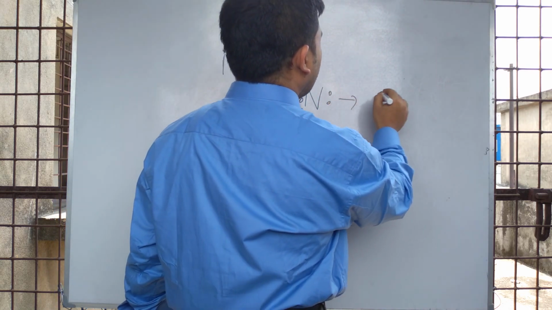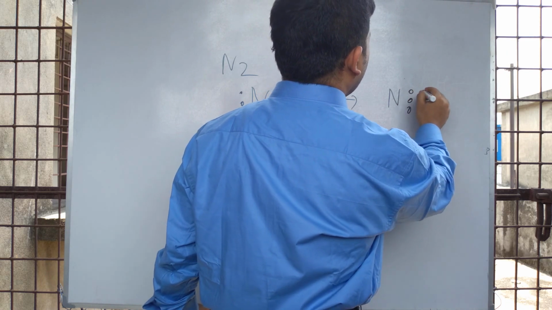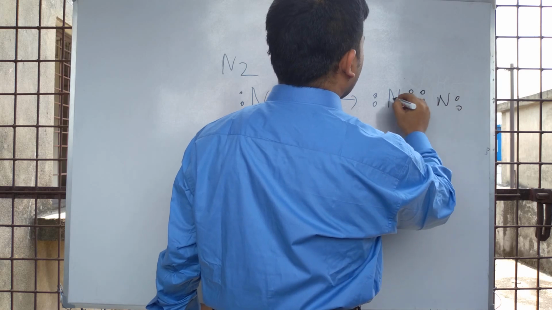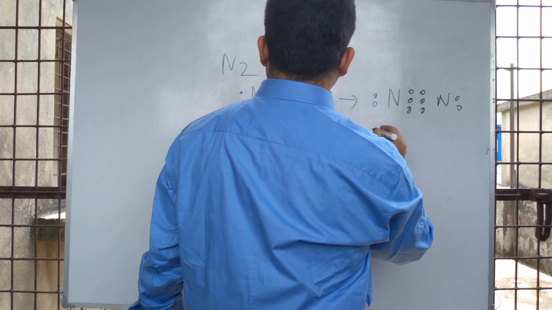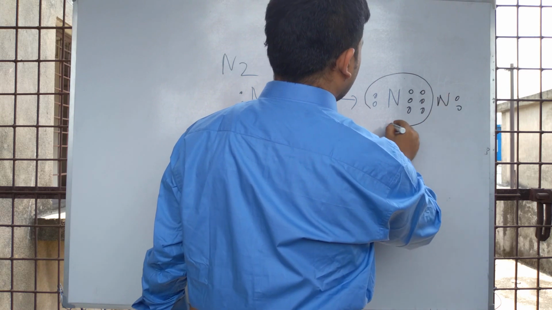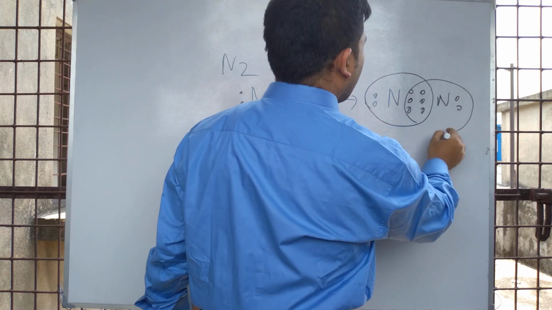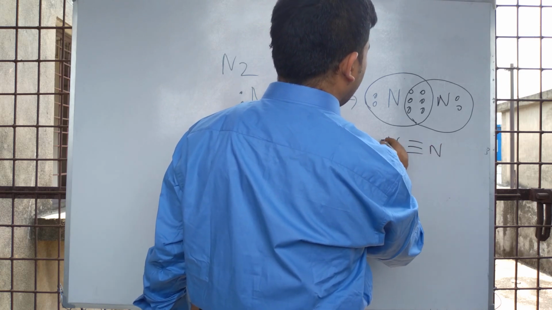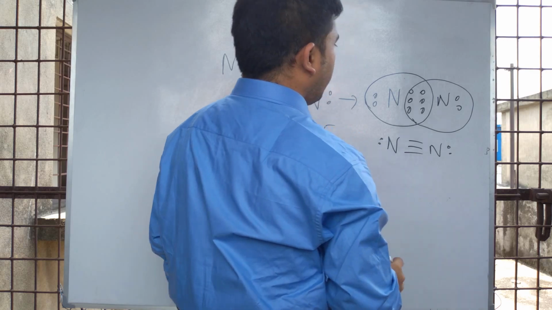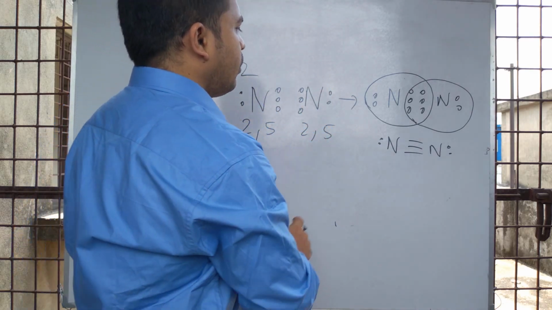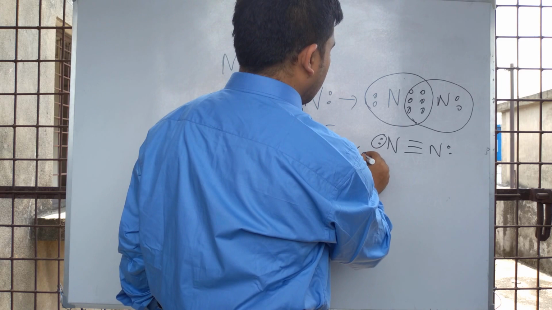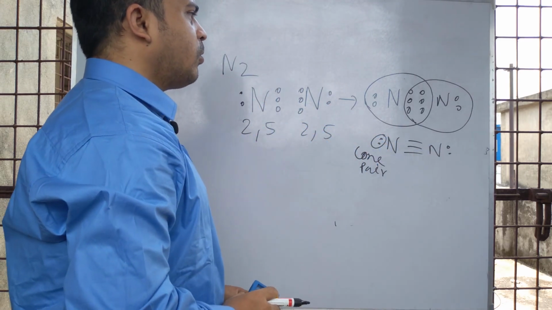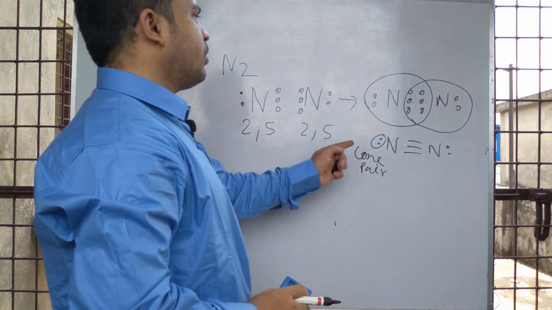So for this reason, these two nitrogens will share 3 electrons with each other to form 8 electrons on each nitrogen, and each nitrogen carries a lone pair of electrons. Each nitrogen has this LP, lone pair, along with a triple bond.